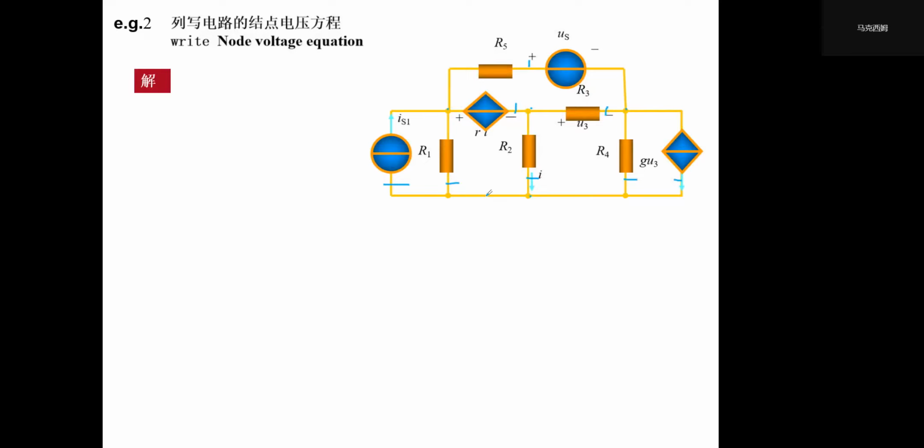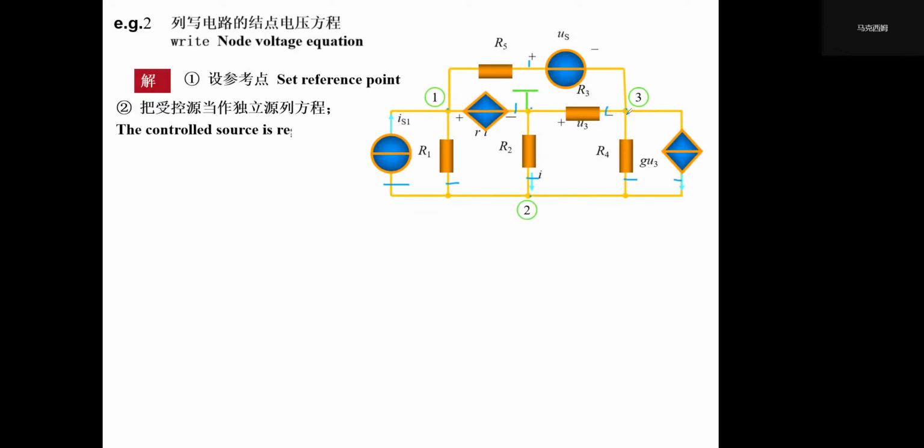So let's see. First things first, we have to find a reference point. In this case, we select this point to be the reference point, and we have only 3 nodes left. We treat the controlled source as an independent source, and then we find some supplementary equations.